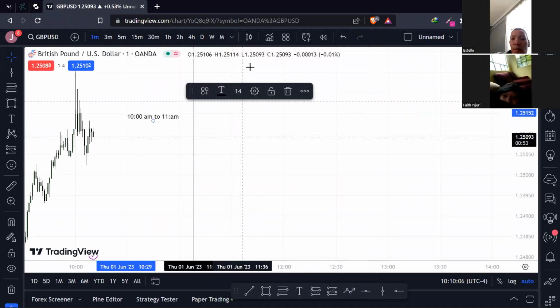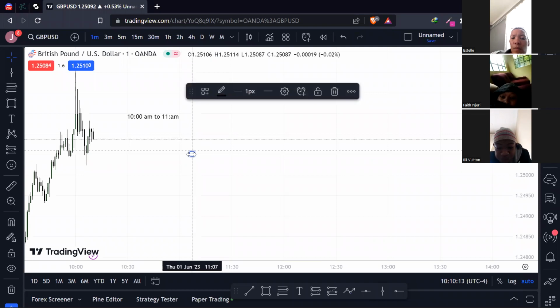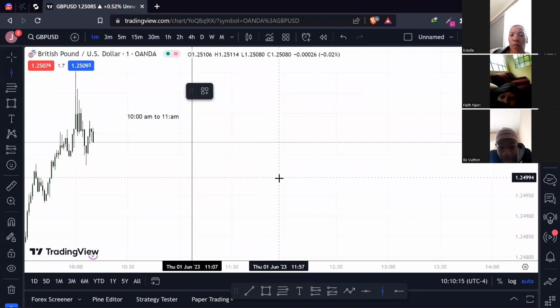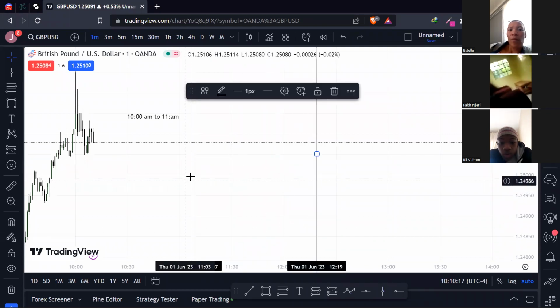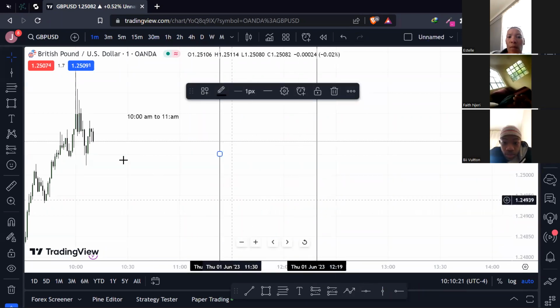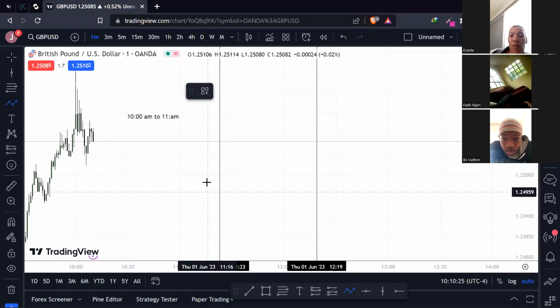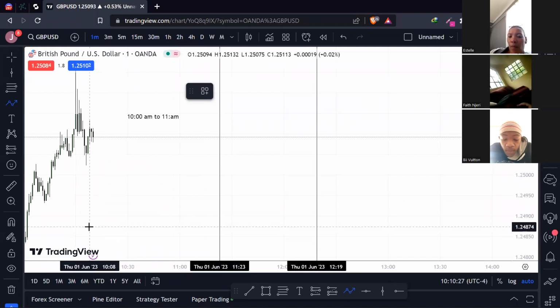So from 10 a.m. to 11 a.m., that will be our entry model. So imagine this is 10 a.m. and this one is 11 a.m. So the basic thing is the price. Before the past thing, the price moves like this.